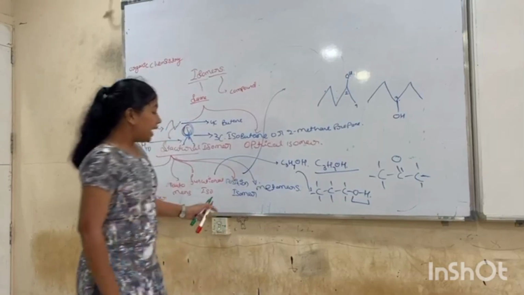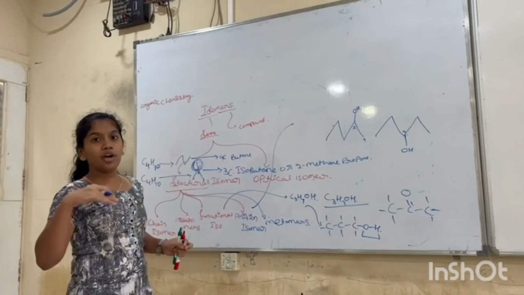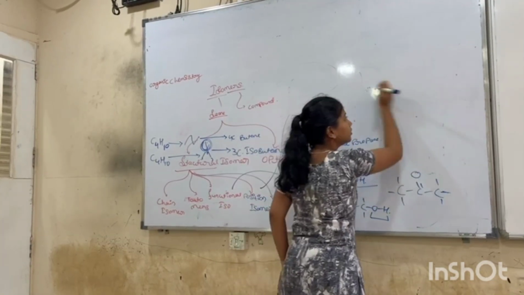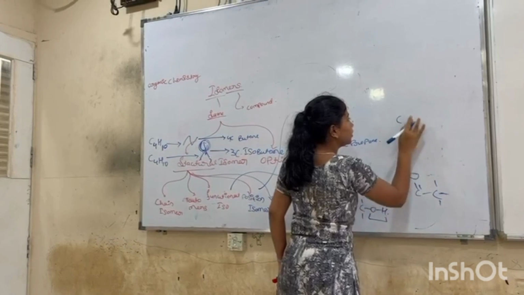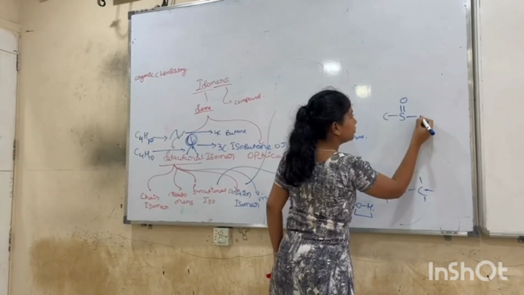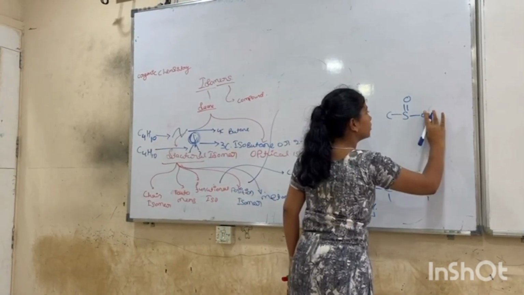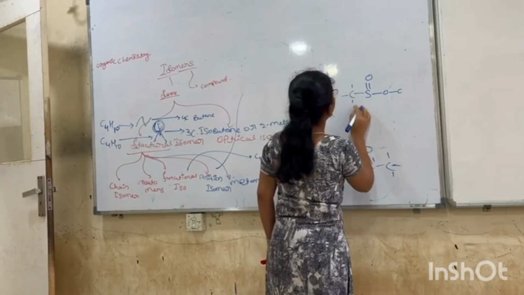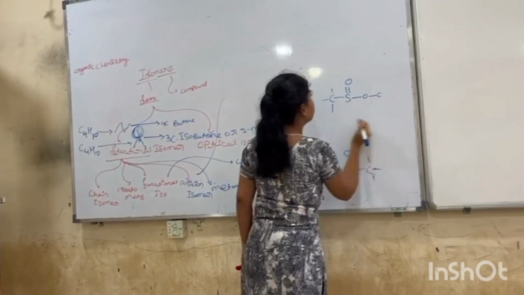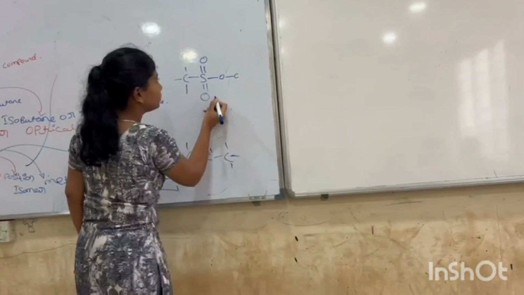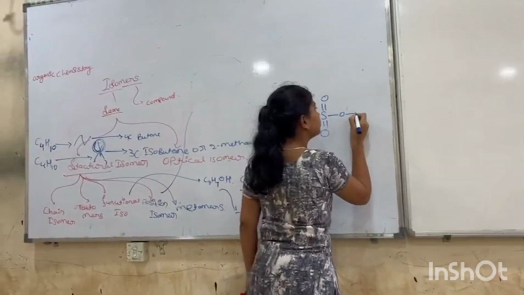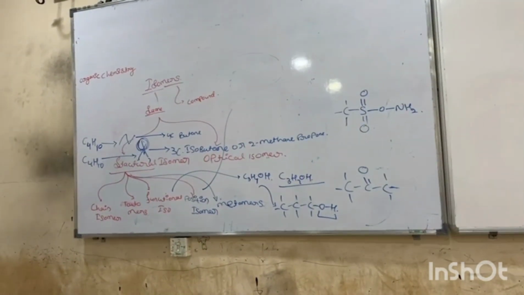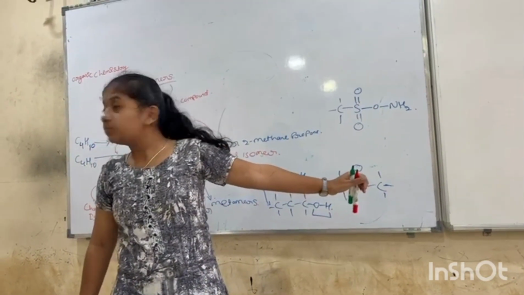Last isomer is metamers. Metamers means the representation of the two compounds is different.